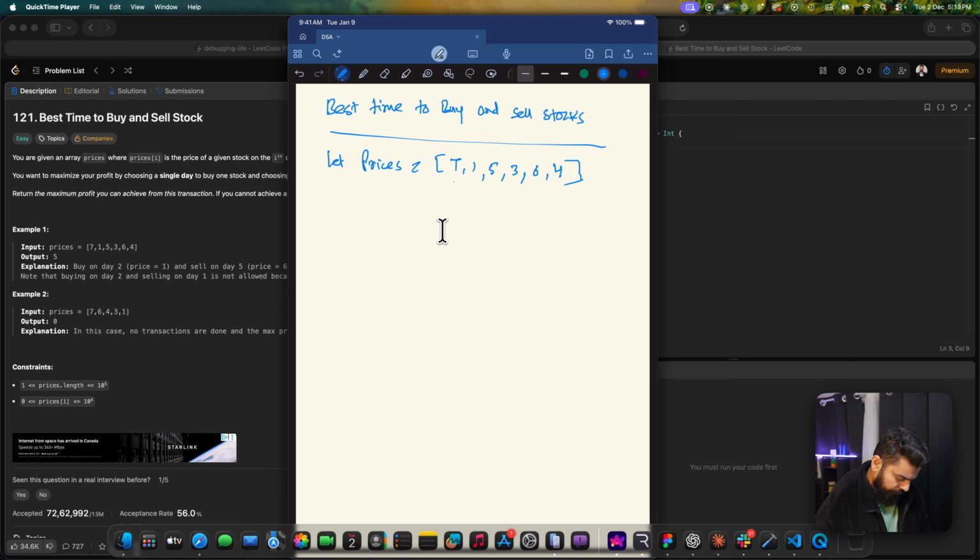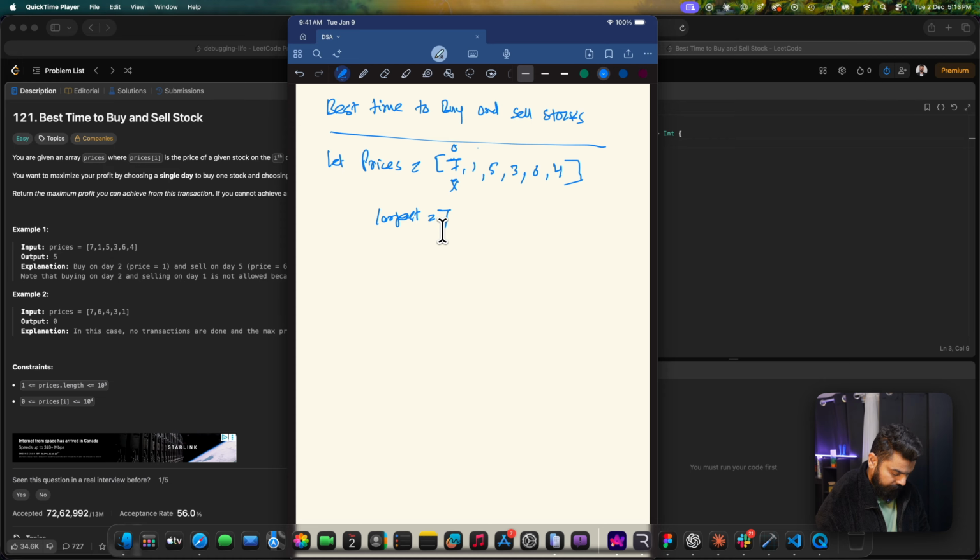So in this case, this is 7, right? This is the largest value, but this is a problem, because if I buy this today, I cannot sell it today itself. They are saying you can sell this in the future only.